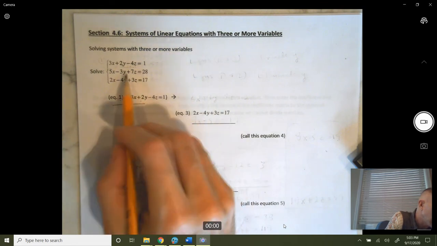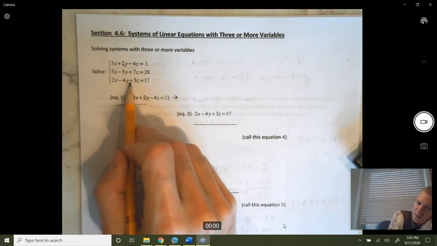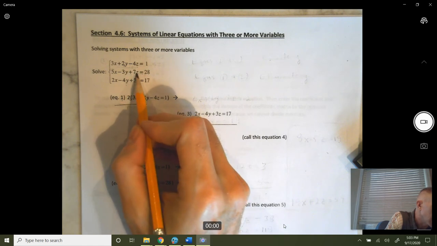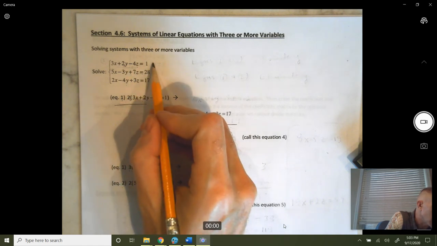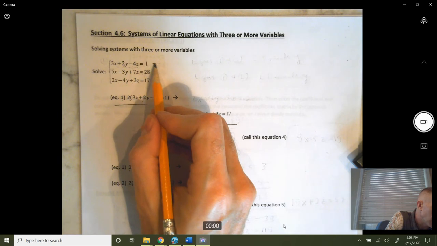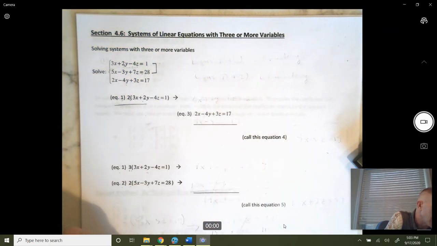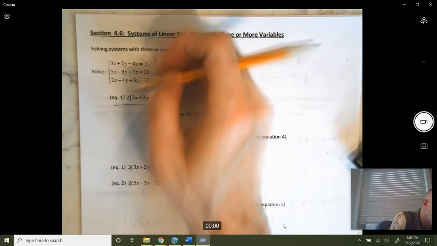So what we need to do, we can't do this all in one step. We're going to take 2 of the equations, like equations 1 and 2, and we're going to eliminate a variable. And then we're going to take 2 other equations. Let's actually do this one first, the way it's set up on the page.